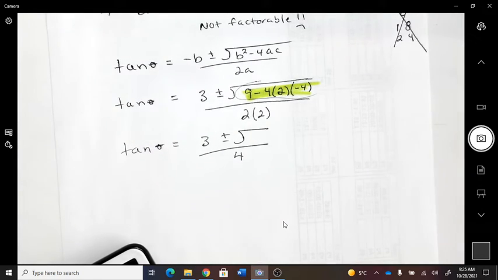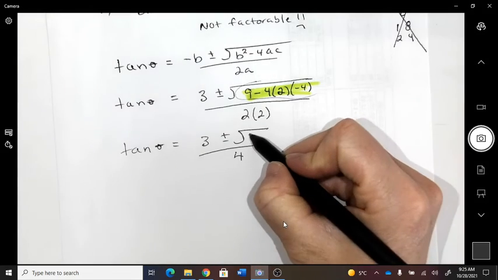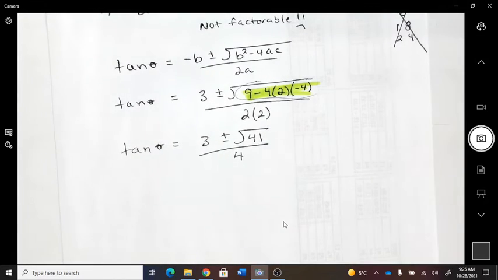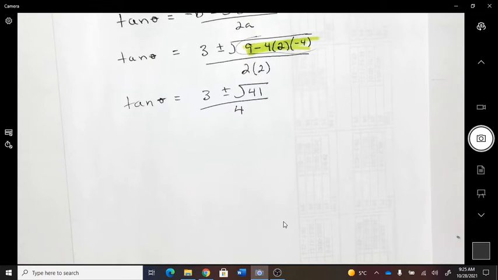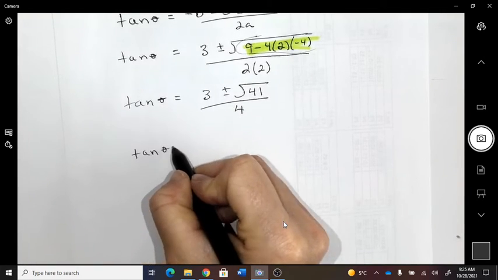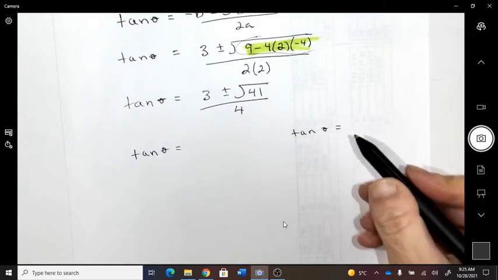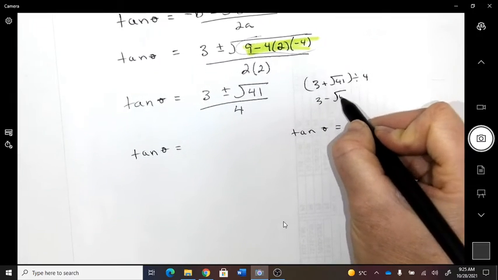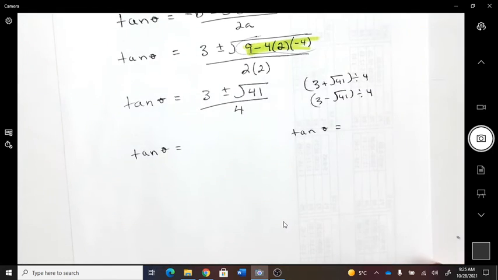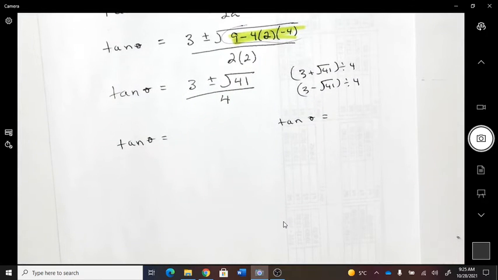I want to figure that out in my calculator right now. 9 subtract 4 times 2 times negative 4. Okay, can you get me 2 decimal values? You remember how you're going to type it? That's what you're typing, right? Do you remember this from last unit? 3 plus root 41.